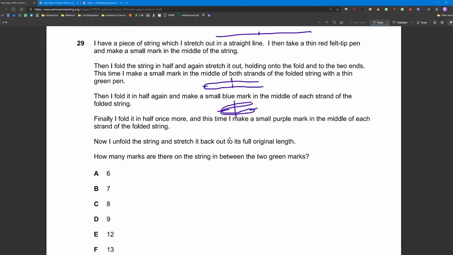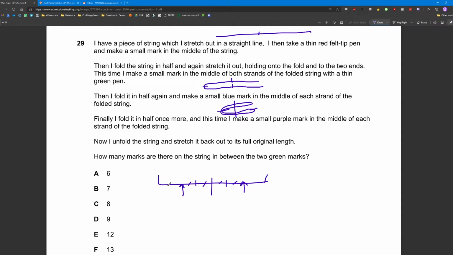Okay, so if you have one string and there's red in the middle, there's green mark 1 here, green mark 2 here, and overall the thing is divided into 16 pieces because of the way you folded it, then you're going to have the blue here, and also the purple here, here, here, and here.